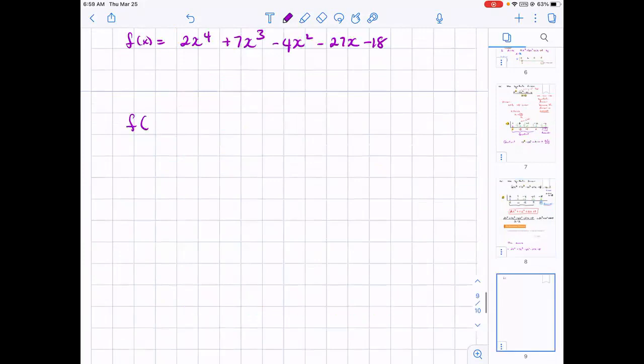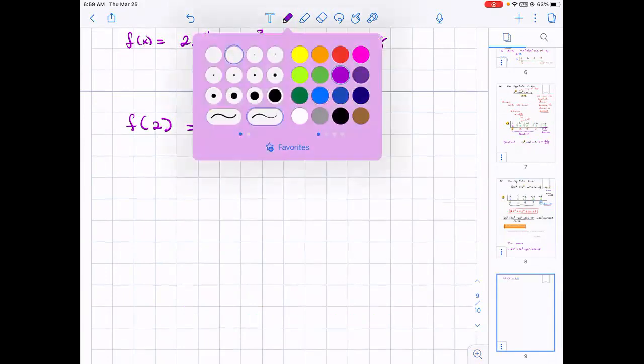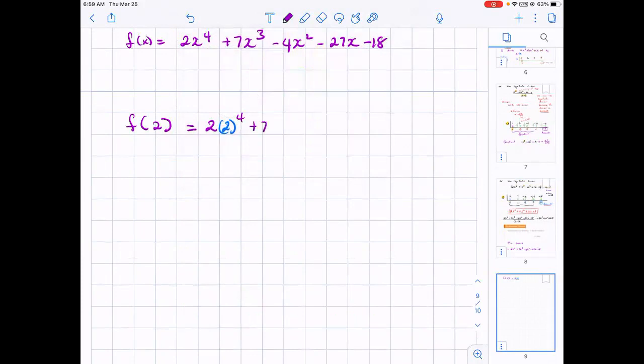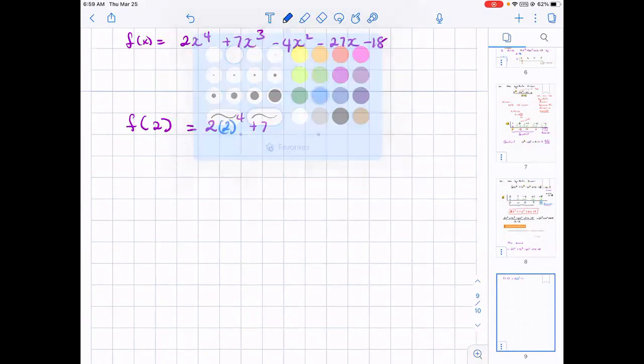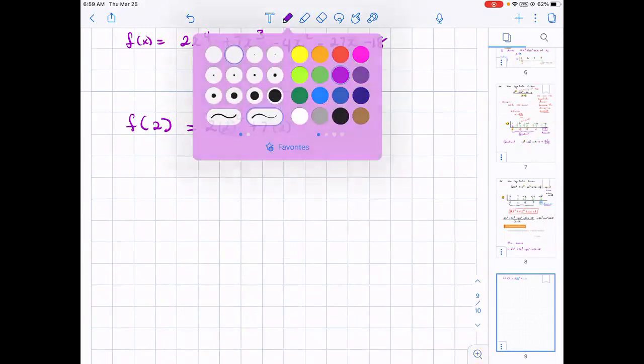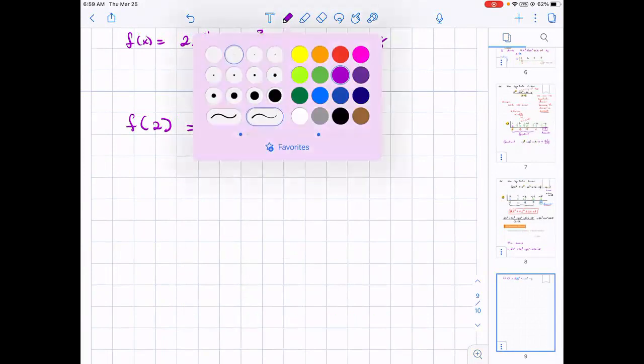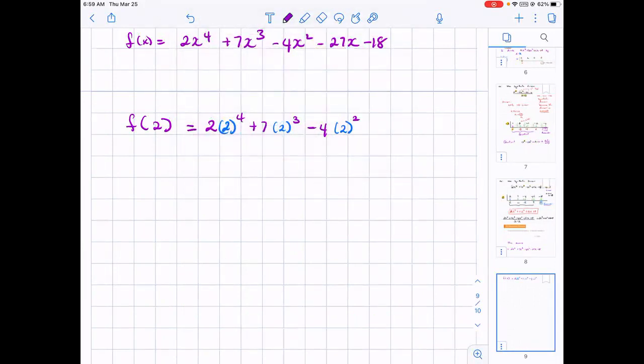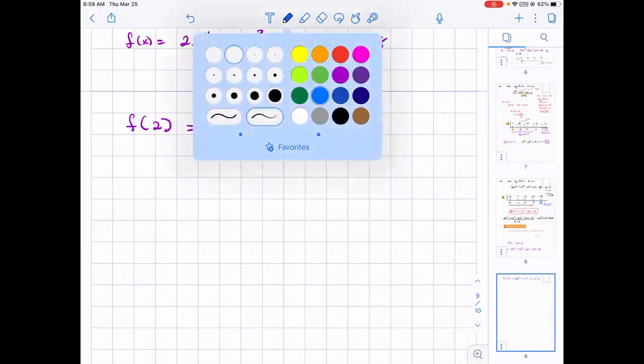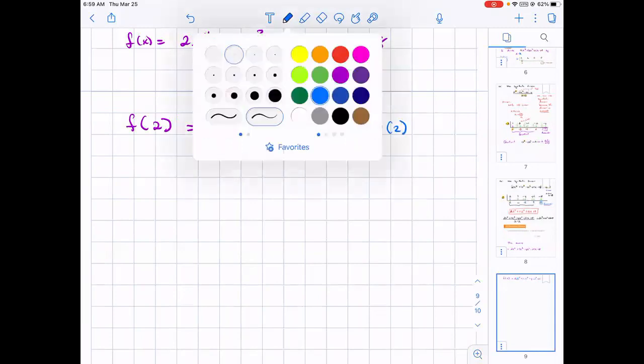What is f of 2? f of 2 would be 2 times 2 to the 4th power, plus 7 times 2 to the 3rd power, minus 4 times 2 to the 2nd power, minus 27 times 2, and minus 18.